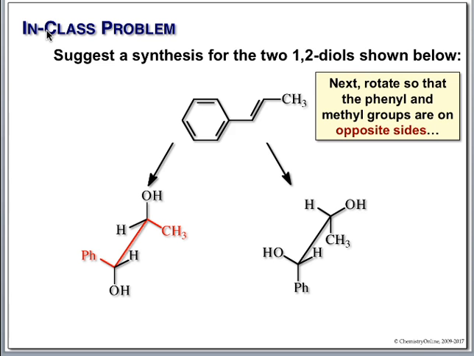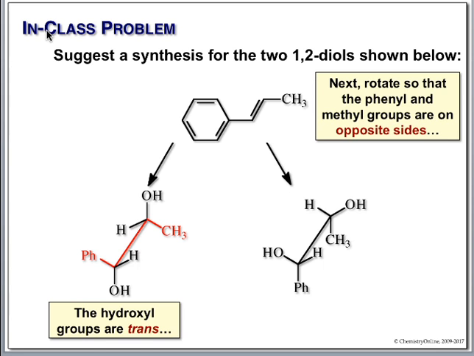With peracid followed by aqueous acid. Hydroxyl groups are trans, MMPP, followed by aqueous acid. Hydroxyl groups are trans.